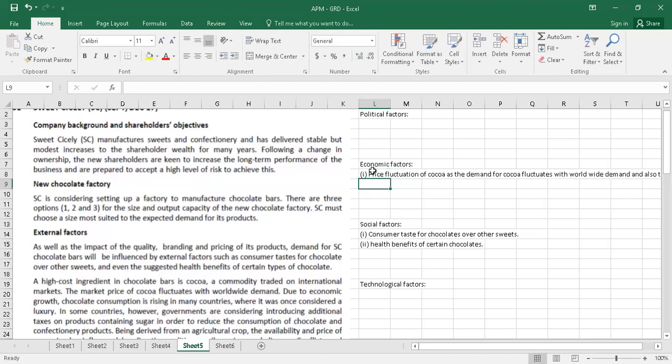Next, after that, we see that due to economic growth, chocolate consumption is rising in many countries where it was once considered a luxury. So the demand for this particular product, chocolate or cocoa, is increasing.